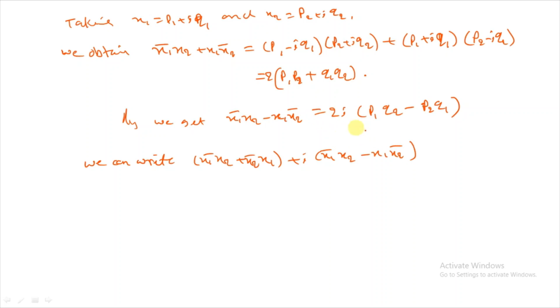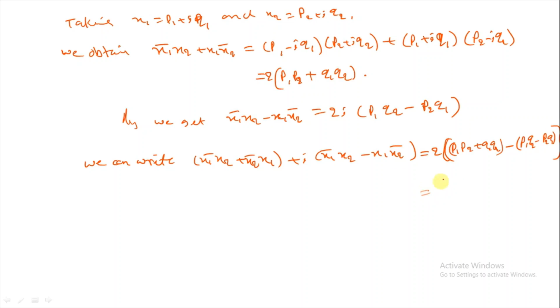If you add these two, you take 2 common, so p1 p2 plus q1 q2. Here 2i and here i is there, i into i square minus p1 q2 minus p2 q1.